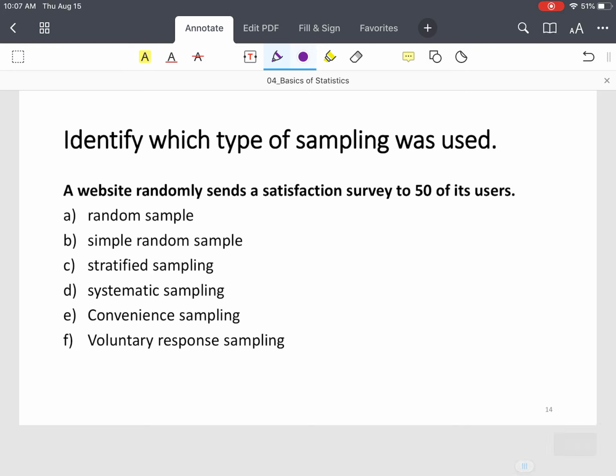All right, the next one, the website randomly sends a satisfaction survey to 50 of its users. Okay, now it's a random sample, and we're going to assume that every subgroup has the same opportunity. So we're going to go with simple random sample.